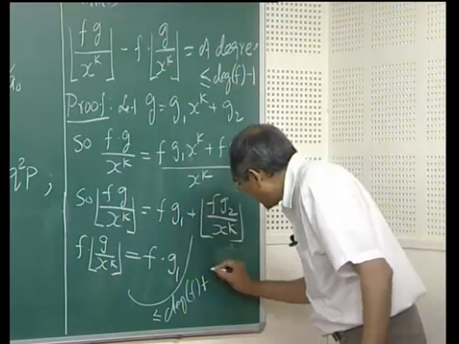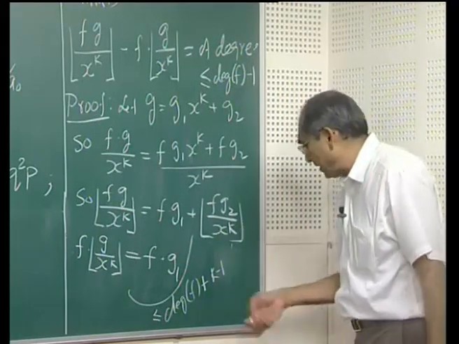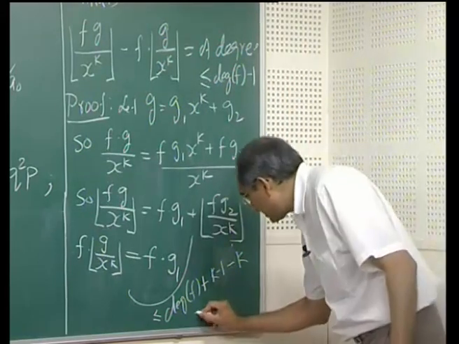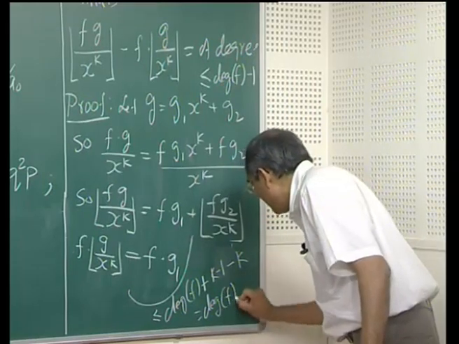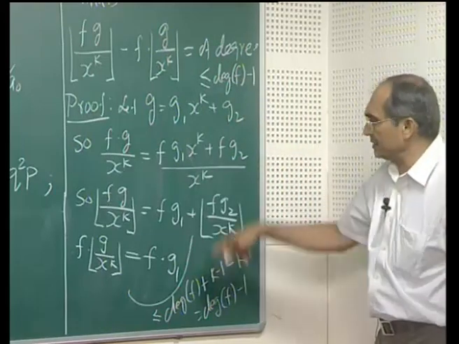So, at most k minus 1, and then we divide by x to the power k, it goes away, minus k. So, this is at most degree of f minus 1 as we wanted. So, this is a result we will use.